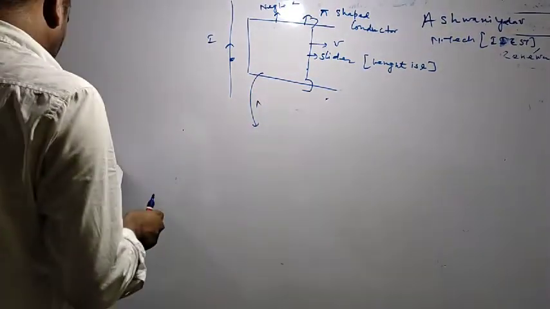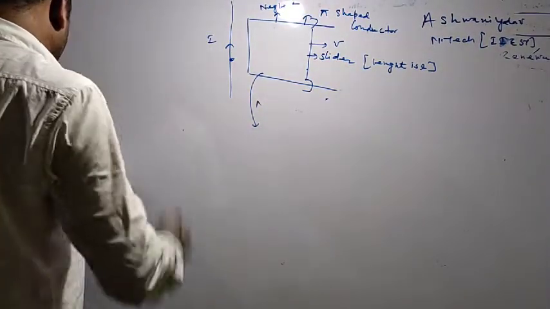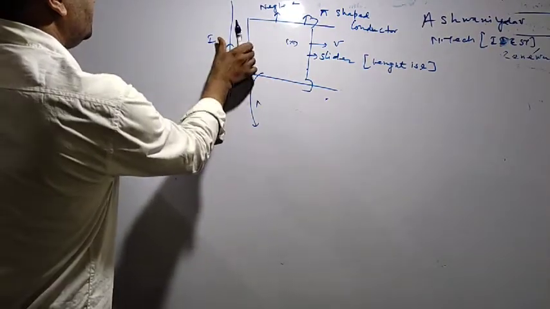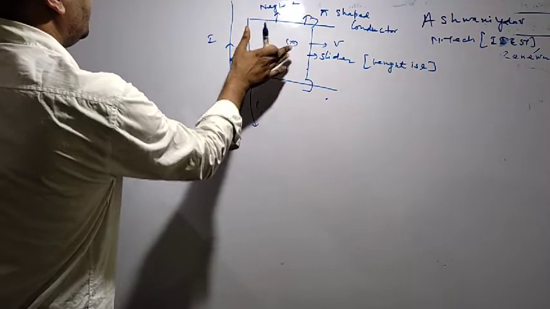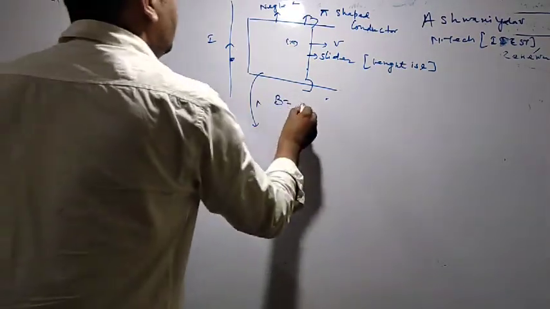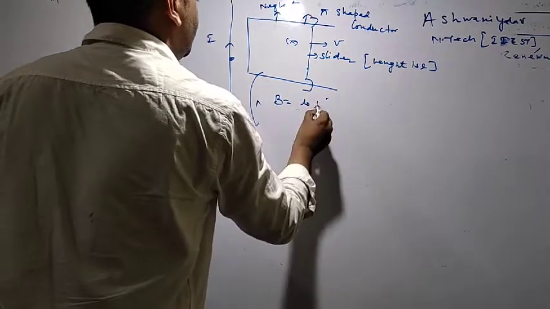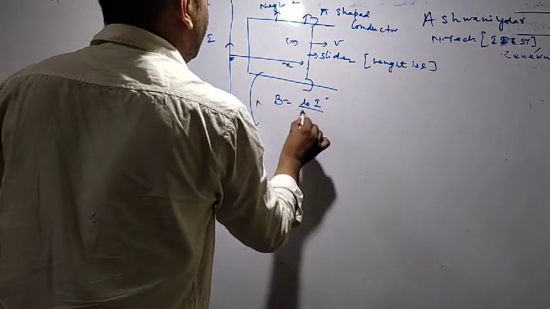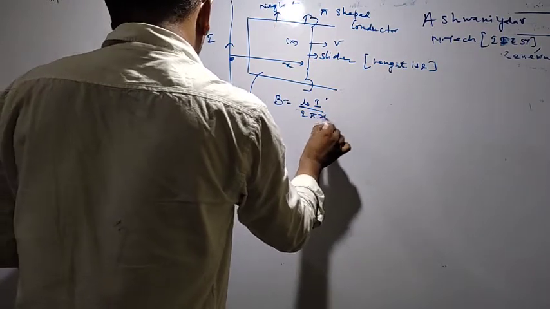Okay, so the wire will produce a magnetic field in this space, and you can say that B is equal to mu naught I by 2 pi x, with respect to distance x or r.